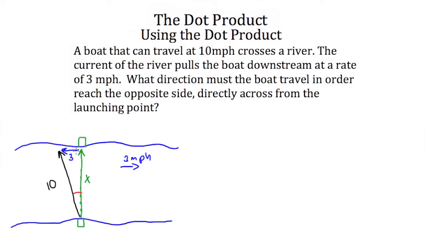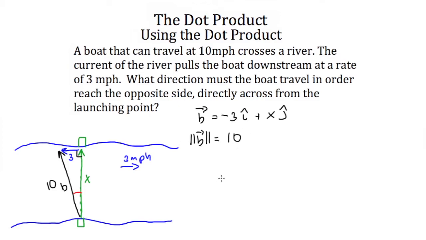Well, you notice that I turn this into a right triangle, which means my boat vector, we'll call it vector b, is equal to negative 3i plus xj. And the magnitude of vector b is 10 miles an hour.